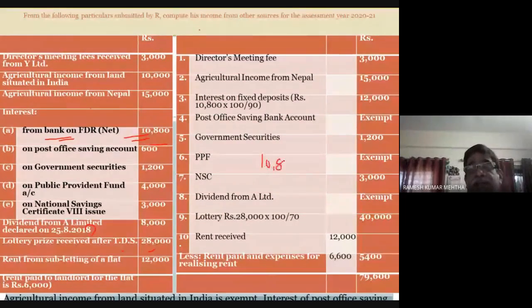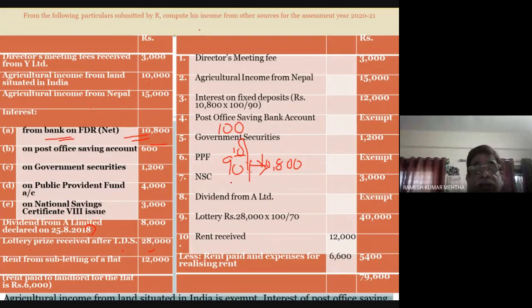Please remember the tax deducted at source on deposit interest on fixed deposits from bank is 10%. For example, if he has earned 100 rupees interest, they will deduct 10%, that is 10 rupees, and give 90 rupees. So in this case, 90% is equal to 10,800.